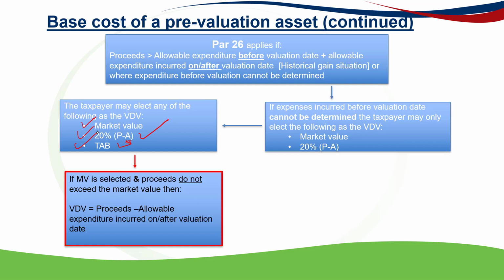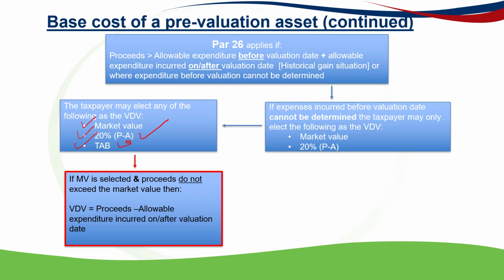And then if market value is selected and proceeds do not exceed the market value, then the valuation date value is the proceeds less allowable expenditure incurred on or after the valuation date. This is an exception to the rule.